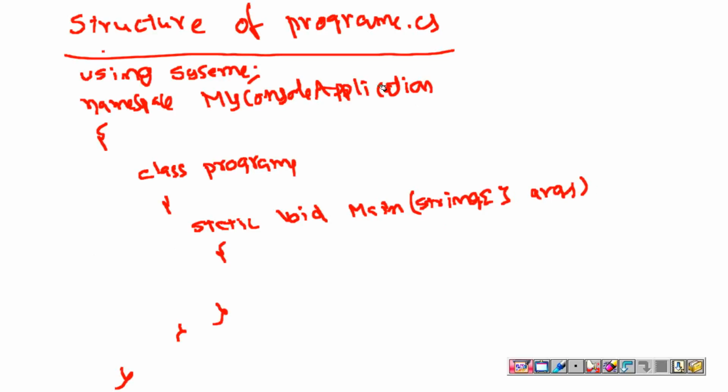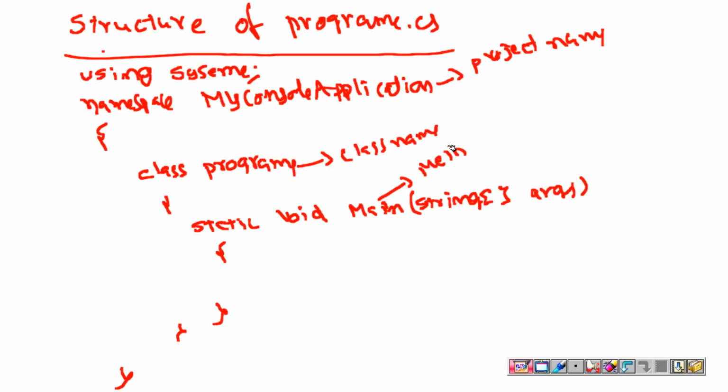So let me recognize them one by one. This is your project name or application name. This is the class name. This is the method name. This is the signature.